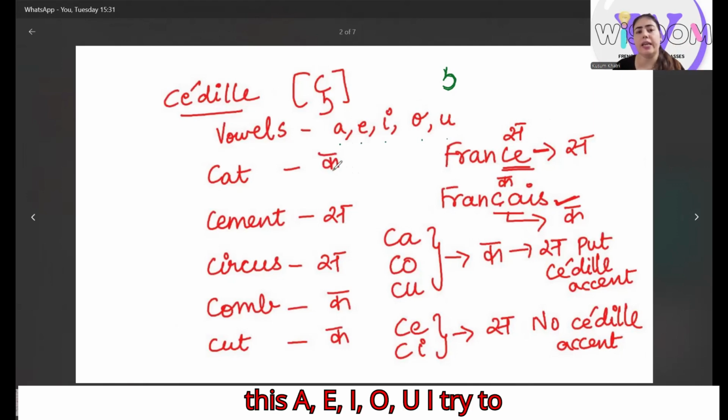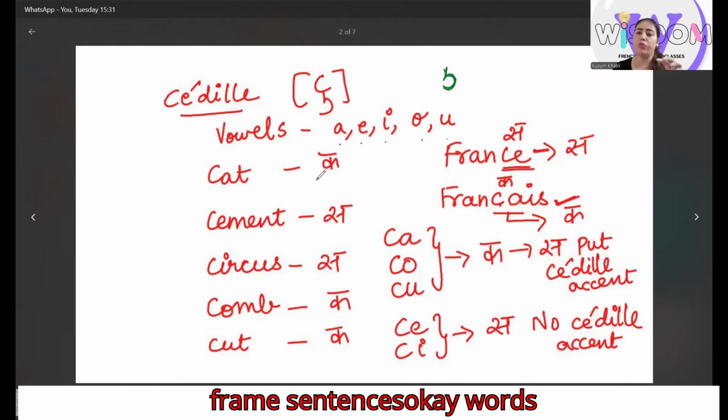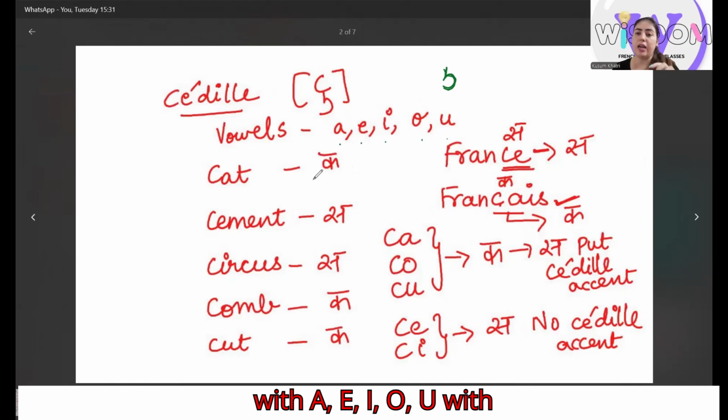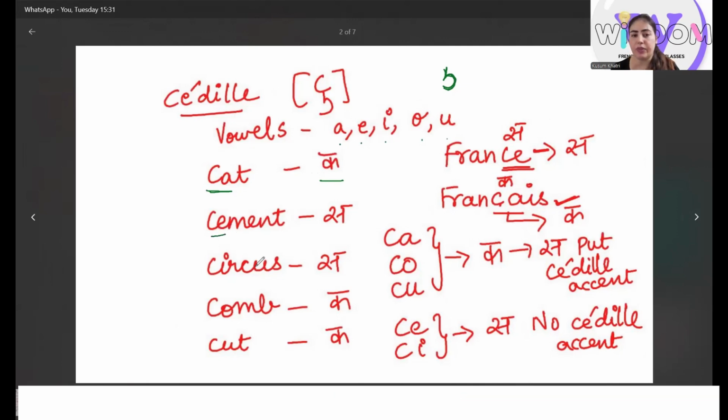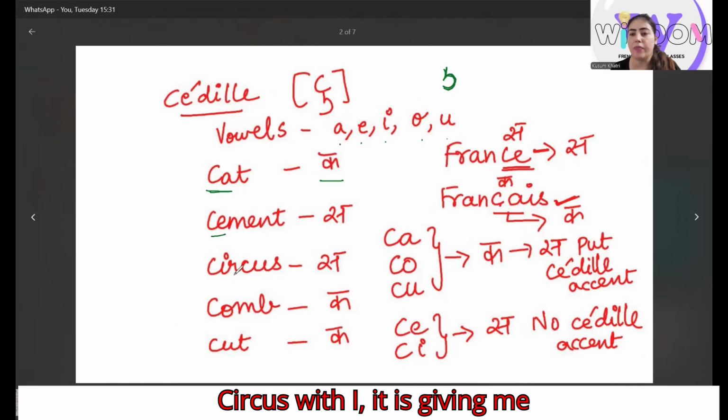When I see this A, E, I, O, U, I try to frame words with A, E, I, O, U with respect to the alphabet C. When I frame it with CA, cat, it is giving me a k sound. Cement with E, it is giving me an s sound. Circus with I, again the s sound.